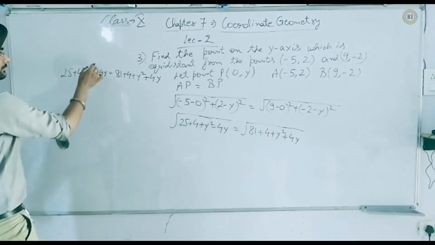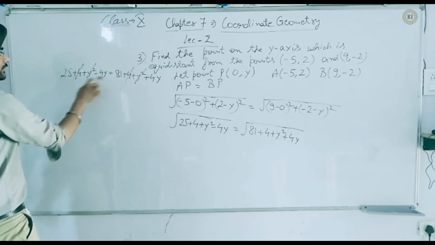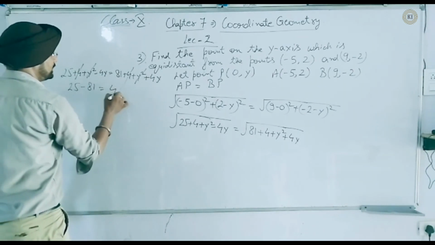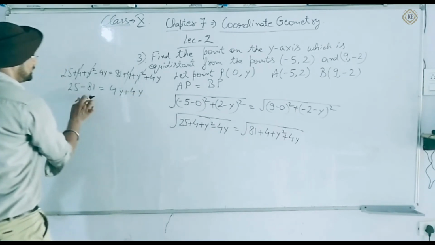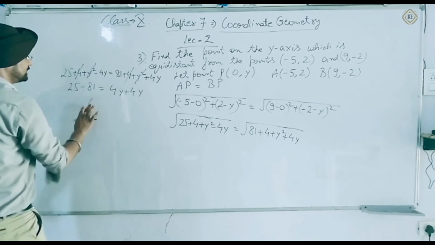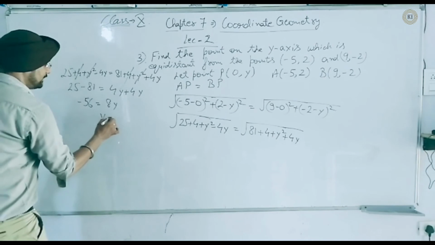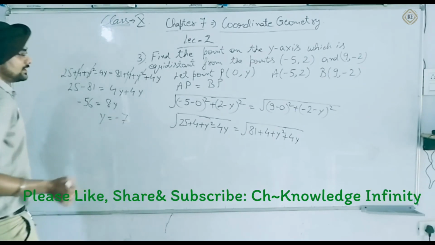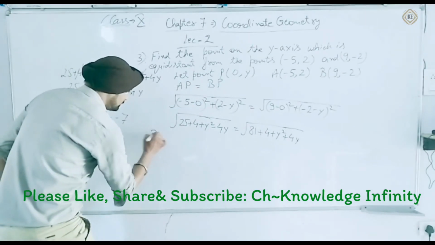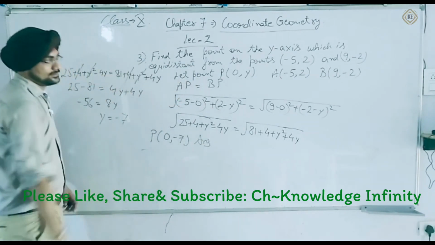Now from here plus y square, and plus 4 and plus 4 will be cancelled. 25 minus 81 is equal to 4y plus 4y. So 25 minus 81 will be minus 56, equal to 8y. So the value of y will be minus 7. We have taken the point as 0 comma y, so our point P will be 0 comma minus 7, and this will be our answer.